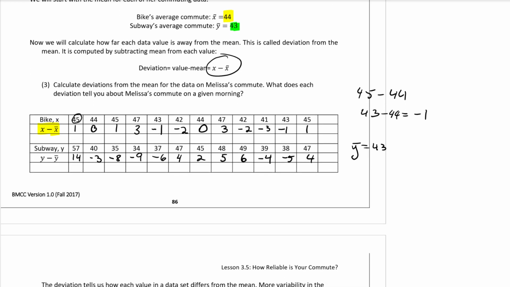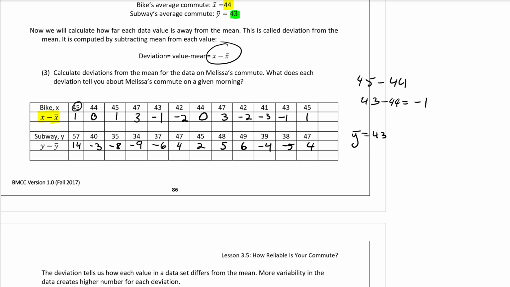So you want to make sure you're writing those down. These are the deviations for the subway and the bike. The minus indicates that it took her faster, while the plus means, like, plus 14 minutes from the average. That means it took her 14 minutes longer. So the negative matters.